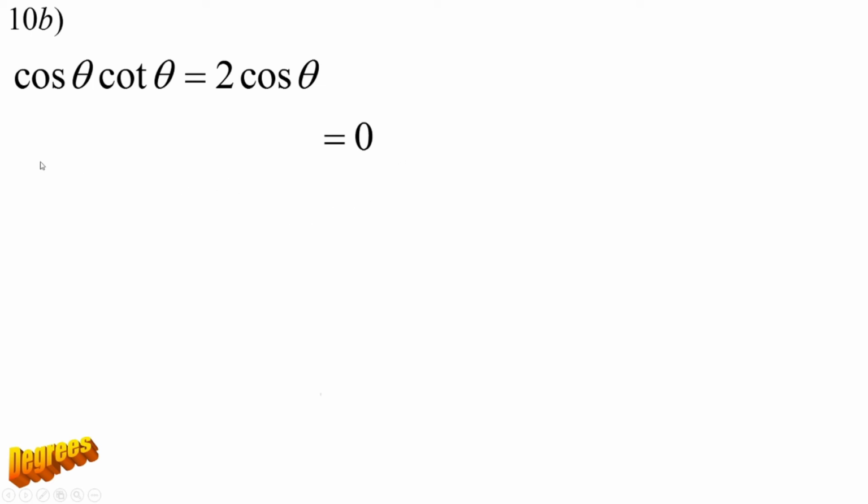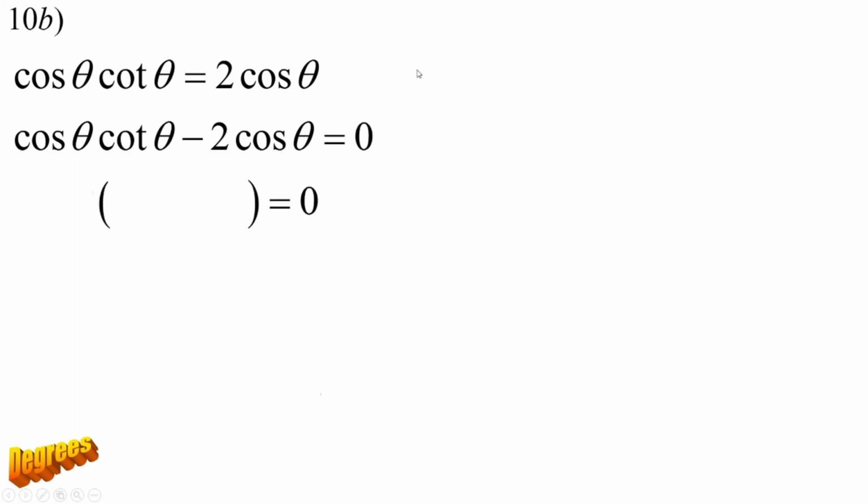So I'm going to have cosine of theta times cotangent of theta minus 2 cosine of theta. Now each term has a factor of cosine of theta, so let's factor that out. By the distributive property, this would be cosine of theta times cotangent of theta, minus 2.